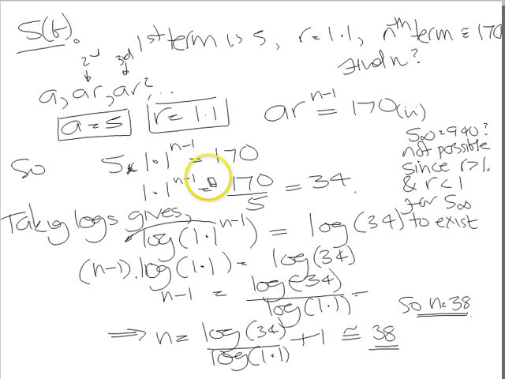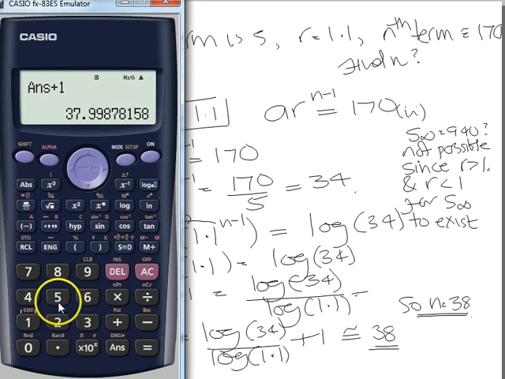You might want to just tap that in to verify. Well, let's just do that quickly, shall we? So it would be 5 times 1.1 to the power, and it was 38, and we claim that that's equal to 187.